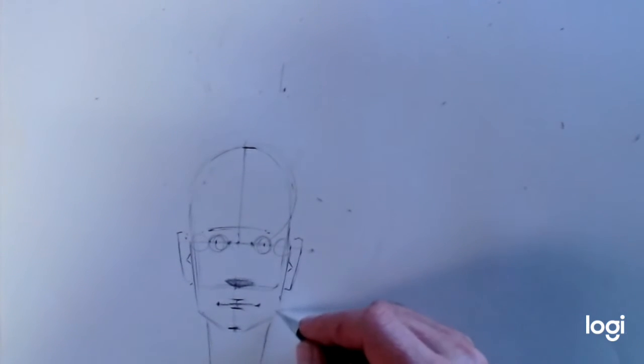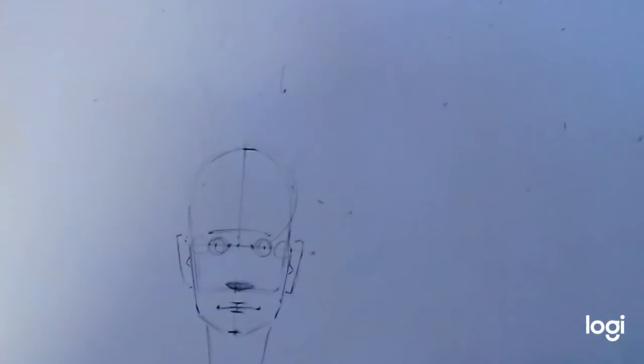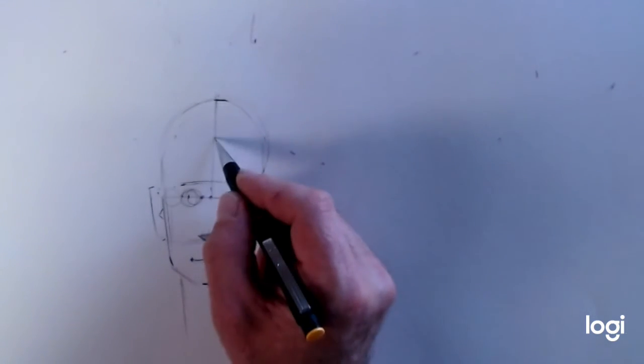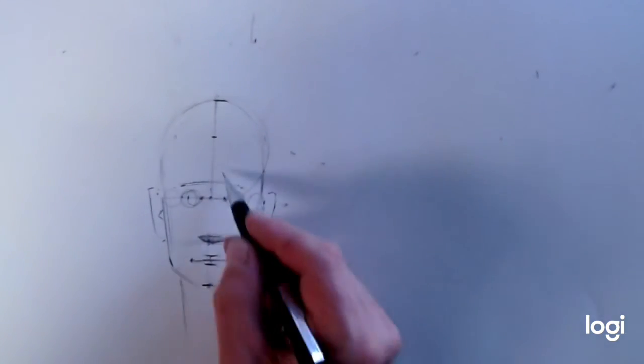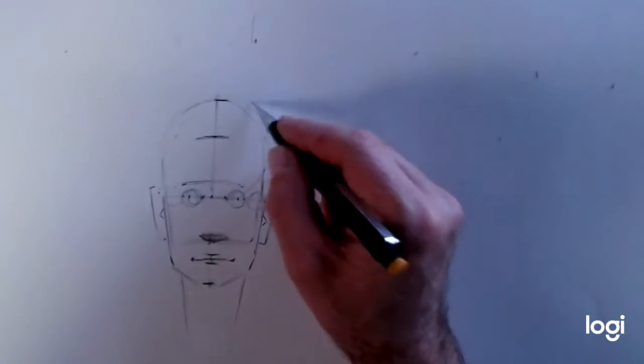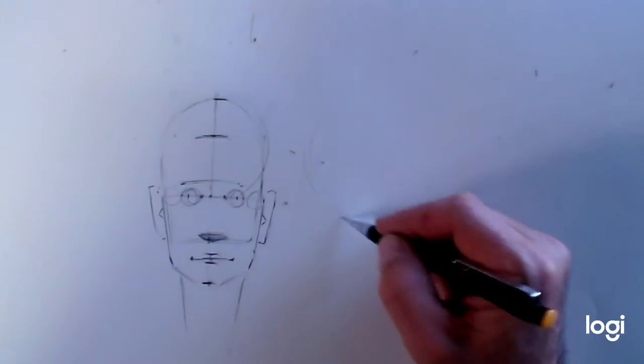So these are the first proportions we're going to start to work with when we draw a person. Between here and the top, you can cut it in two. That can be the top of the hairline. Okay. Now let's take this and look at it in profile.